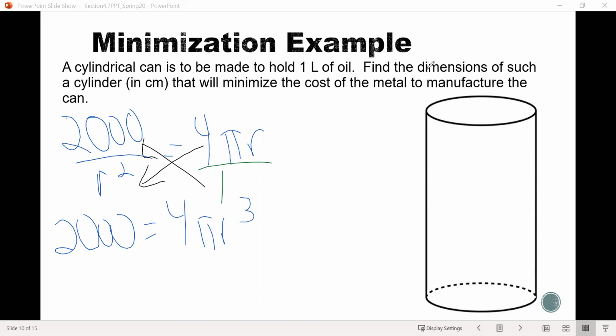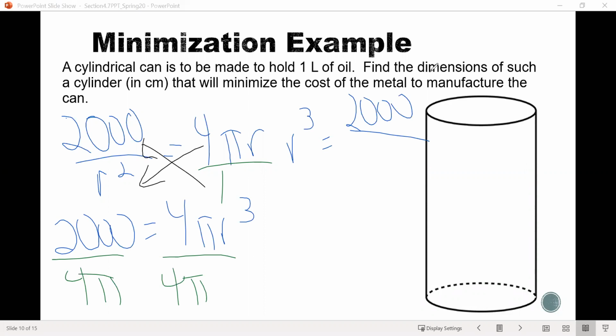Divide by 4 pi. And so we'll end up with r cubed equals 2,000 over 4 pi, and then solve by taking the cubed root on each side.